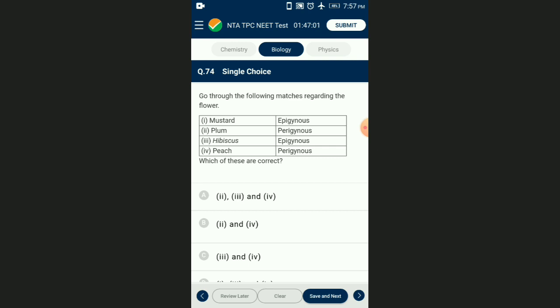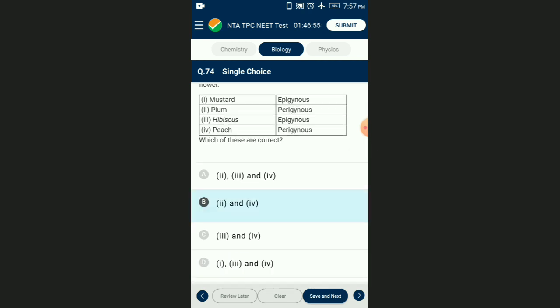In an epigynous flower the ovary is inferior. So the answer is option B. Second one, plum, perigynous. Fourth one, peach, perigynous. Second and fourth are correctly matched.